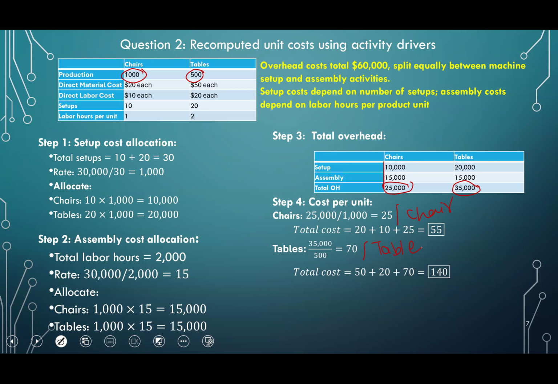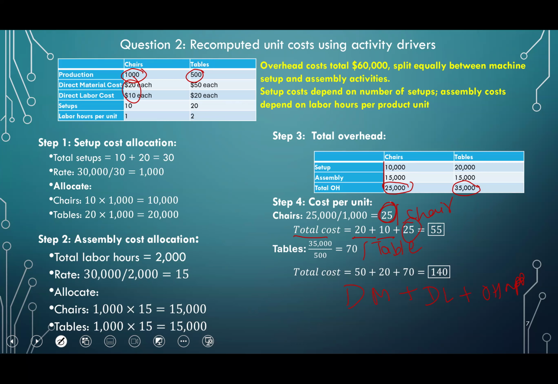As before, I say total cost of any product is direct material, given to me in the table up there, direct labor, again given to me, and overhead that I just applied. So 20 and 10 came from here, and this 25 that I have put just came from here.